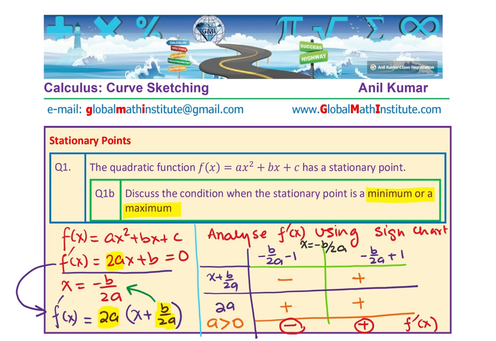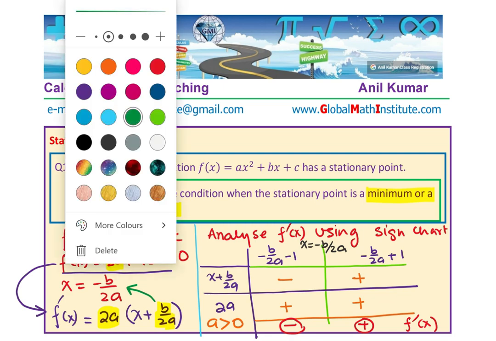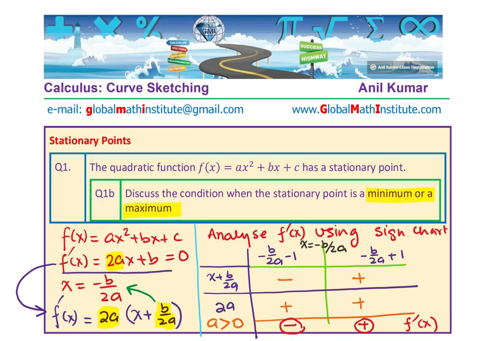Negative means that the function will be decreasing, and positive means that the function will be increasing. So if a is greater than 0, we have a function which is decreasing first because it is negative in the interval from minus infinity to minus b by 2a, and after that it is going to increase.